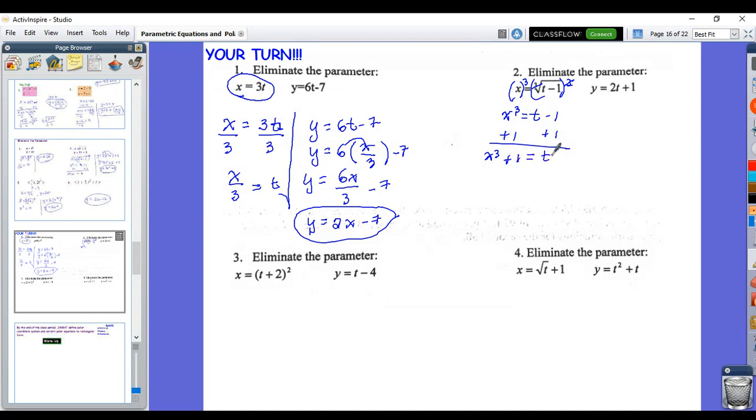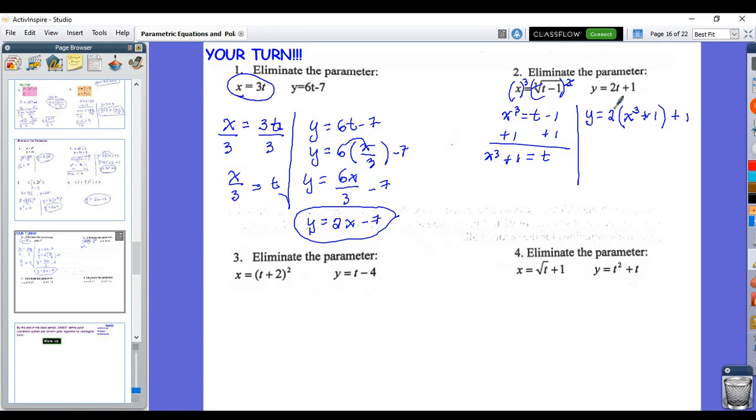So if my t is x cubed plus 1, then I can go ahead and use my y component and plug in the value of my t. So y equals 2 times x cubed plus 1, plus 1.